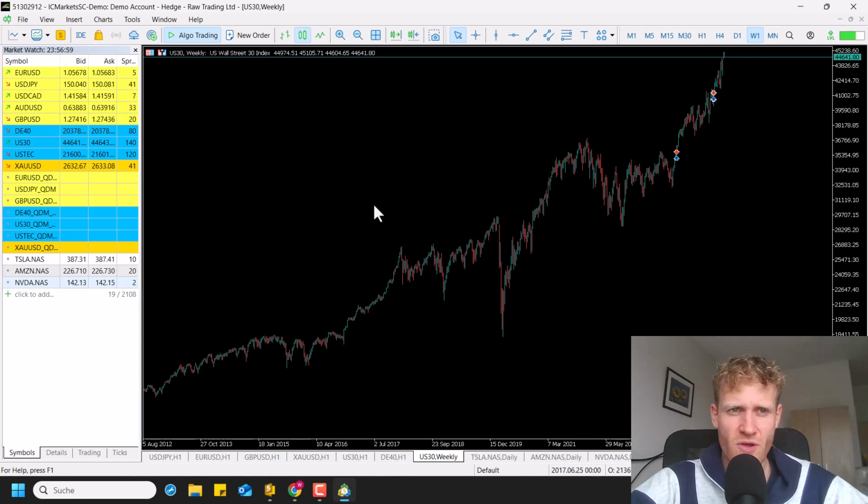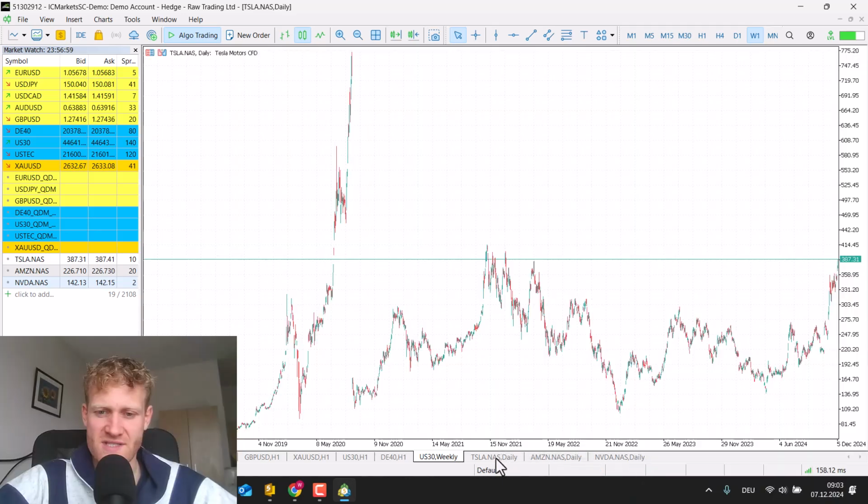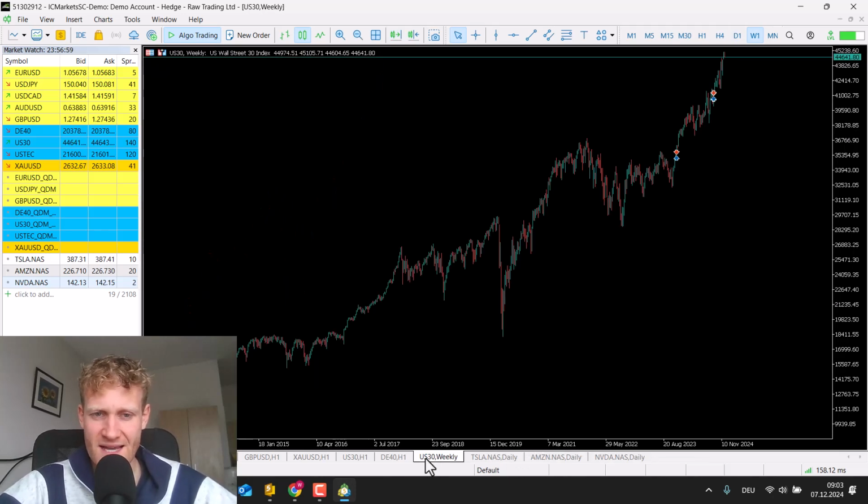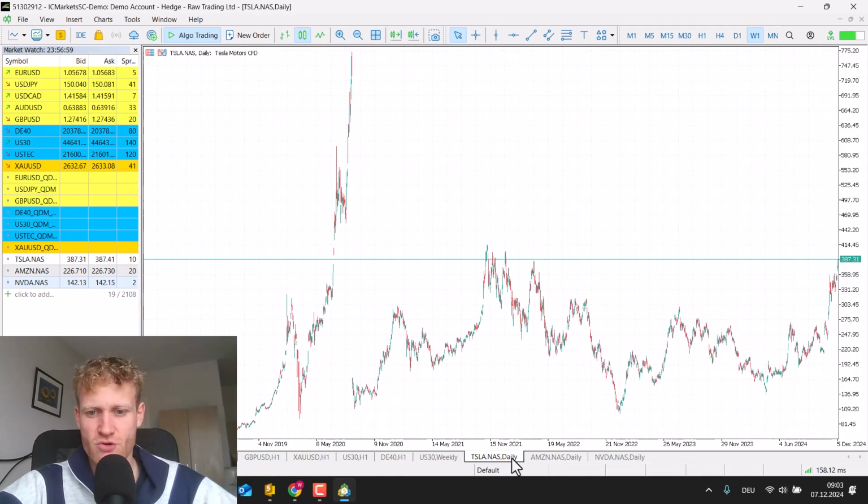So this index here, the US 30, as the name suggests already, contains 30 different stocks. For example, this is a bad example because Tesla is not in the US 30, but these are just examples of stocks, to show you that besides the index, also individual stocks should go up most of the time.